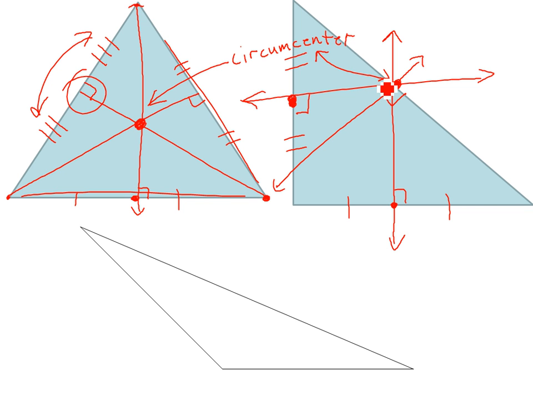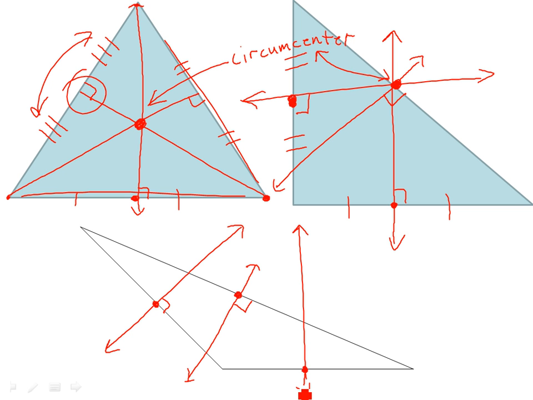For an obtuse triangle, if I find the midpoint here, perpendicular bisector, maybe it's going to run something like that, wherever it forms the right angle. Perpendicular bisector of this side, maybe that's the midpoint, it's going to run something like that, form a right angle. Perpendicular bisector, find the midpoint down here, going to run something like that.